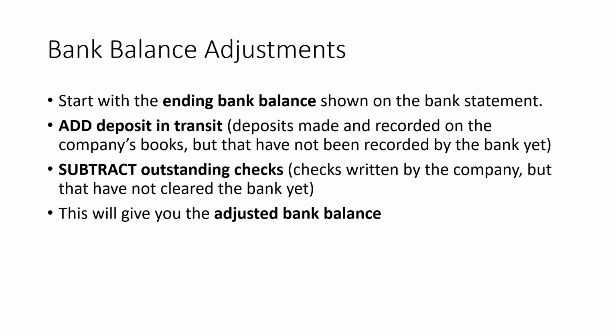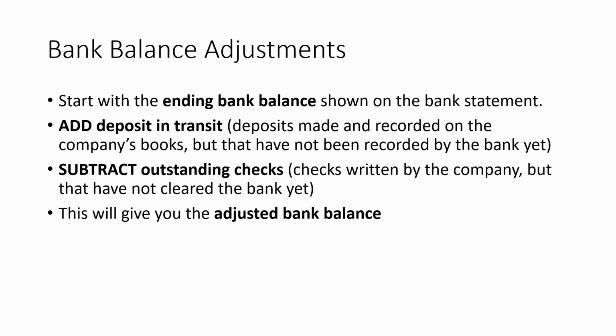We'll go over some problems where you'll see it, but I'm just going to give you a little background information first. Essentially, you're going to have two columns. On the left side, you're going to start with the bank information, the ending bank balance. To that, you will add any deposits that the company has made that just haven't hit the bank yet.